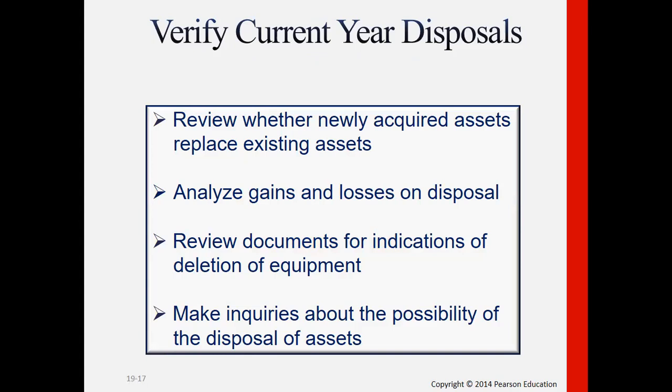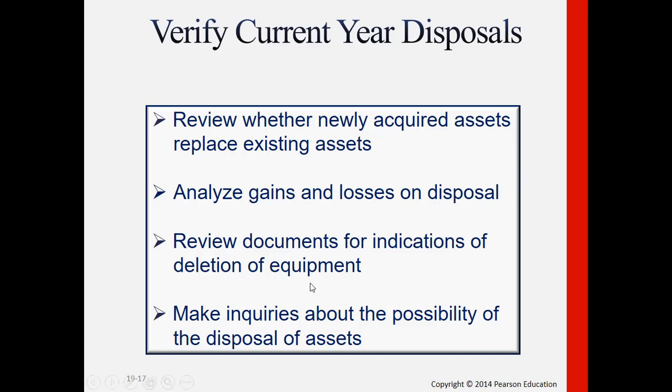For current year disposals, these are the procedures that we can do. Review whether newly acquired assets replace existing assets, which is a possibility. Then analyze the gains and losses on disposal because normally if there is disposal or sale, we do not expect that the carrying value and the proceeds from the sale would be equal. So normally there would really be gains and losses along the way.